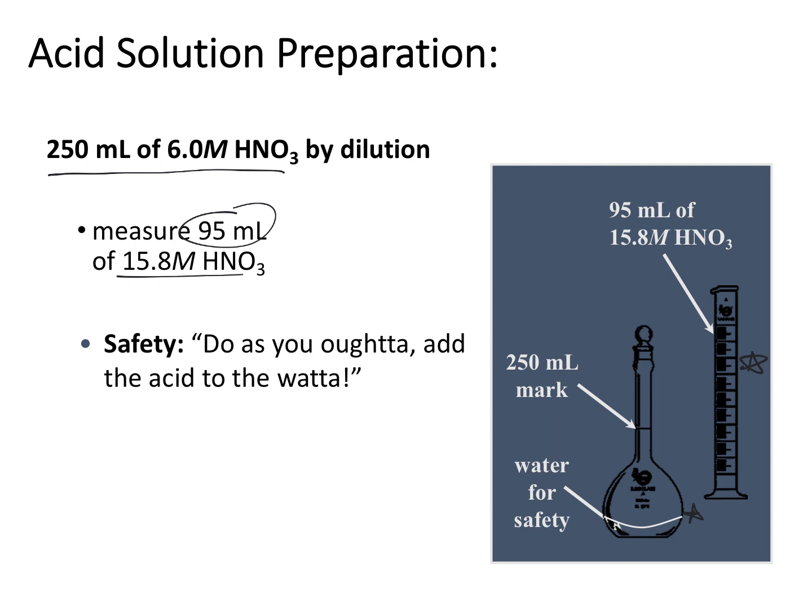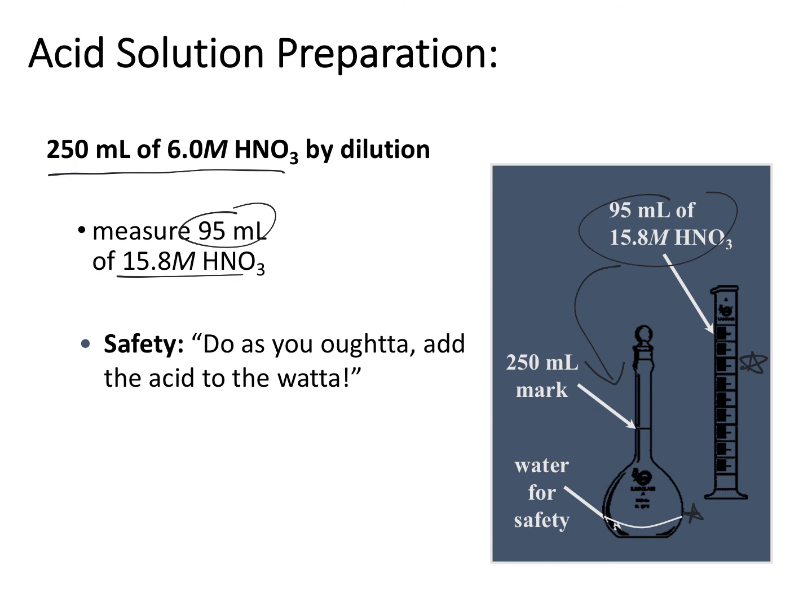When we've shown other examples, we normally put the solute in first and then added water. But in the case of acids, when acids get dissolved in water, a lot of times they will release heat. And that heat is obviously going to be transferred into whatever gets put into the solution.